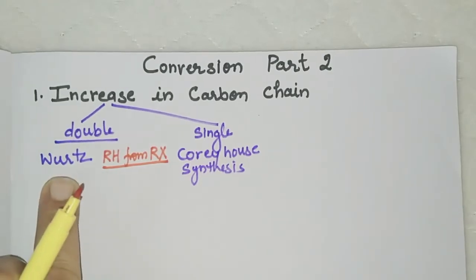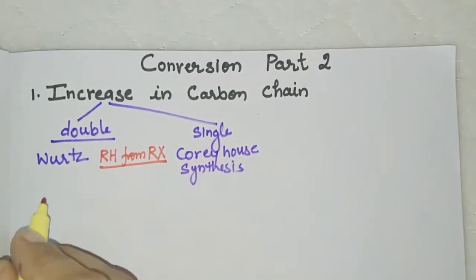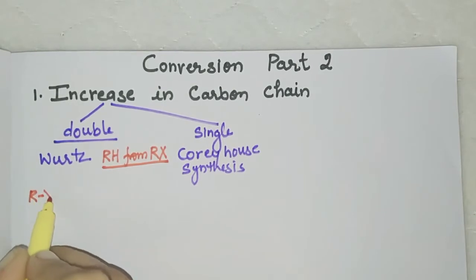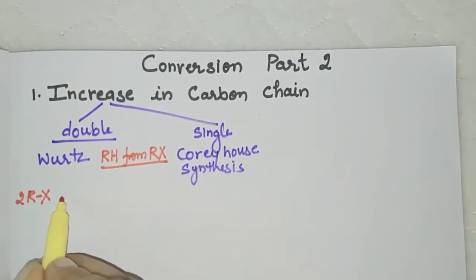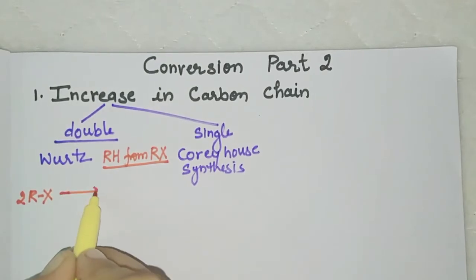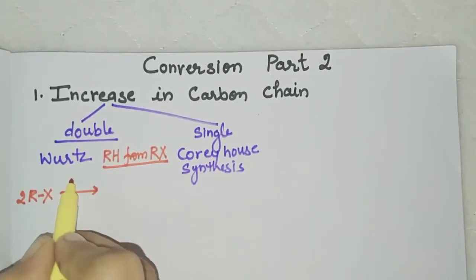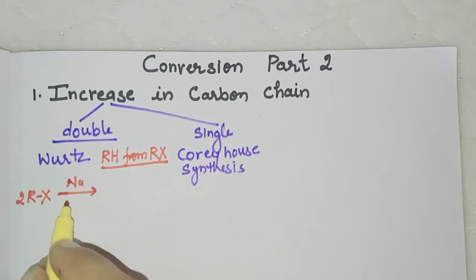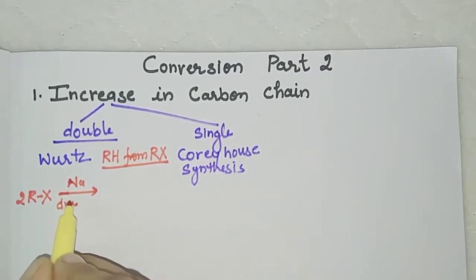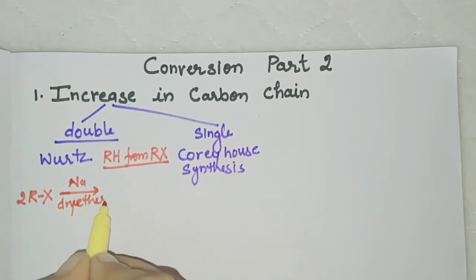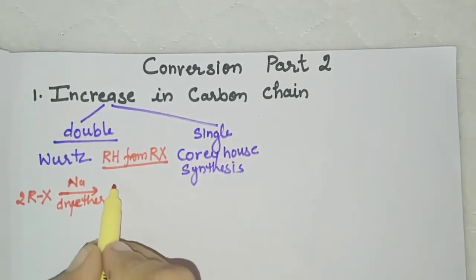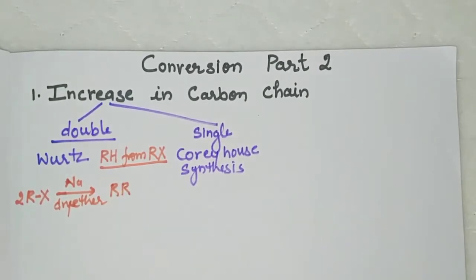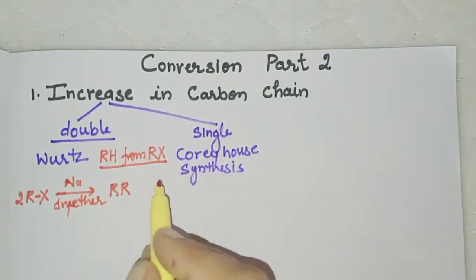In Wood's reaction, what happens? We are using any alkyl halide, and two molecules of alkyl halide when they react in presence of metallic sodium, in presence of dry ether, then the product which we will be getting is R-R, an alkane.